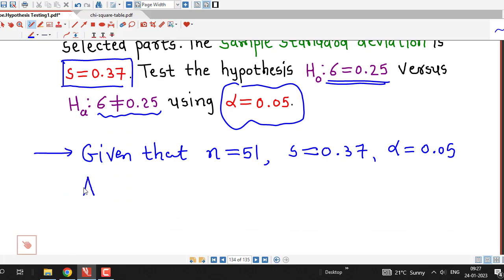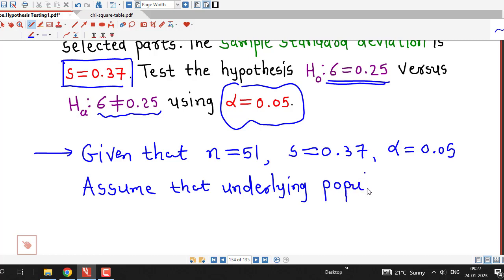So if we want to use chi-square distribution, we have to assume that the underlying population follows normal distribution, or we can simply write that the underlying population is normal.